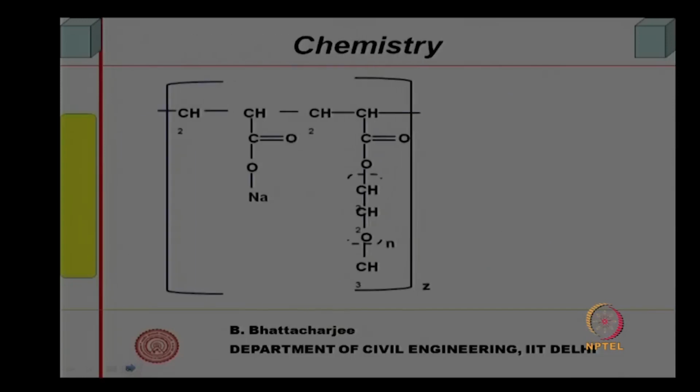The chemical structure will look something like this. This is your COO, H is replaced by sodium, CH, and this is CH2. This 2 should go up here, it has got distorted. This 3 should be here rather than here, CH2 here, and this is also CH2, and so on.